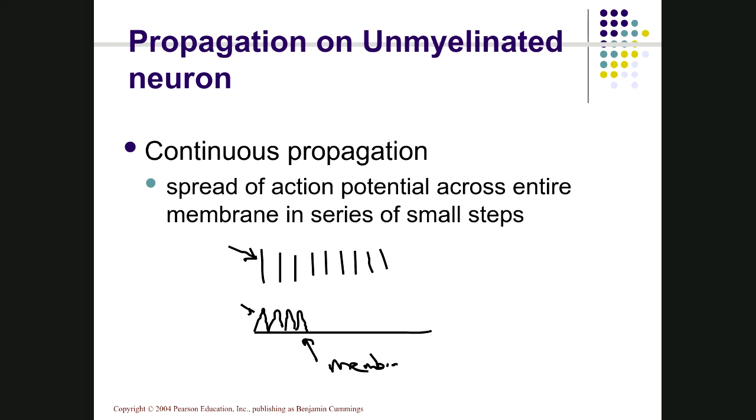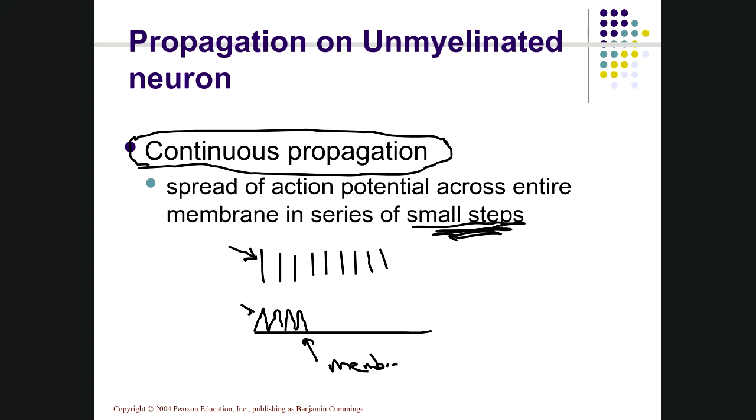It's called continuous propagation. So continuous propagation is this set of very small steps that happen over and over and over and over as the action potential spreads. It's kind of like if you took a person and you told them they had to walk across the floor, and you've got to touch every bit of the floor as you go.